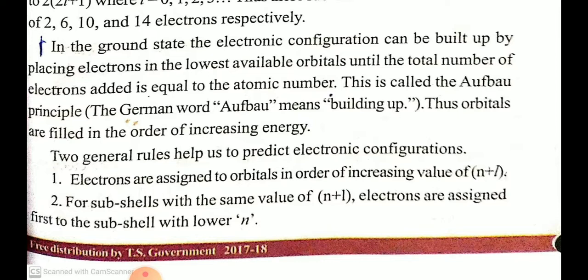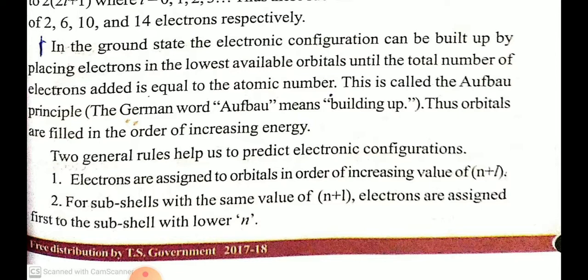For subshells with the same value of n plus l, electrons are assigned first to the subshell with lower n, because lower n means it is the lower shell. After filling the lower shell, the electrons can go to the next shell.